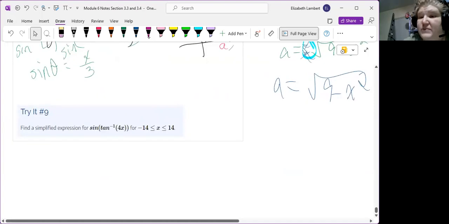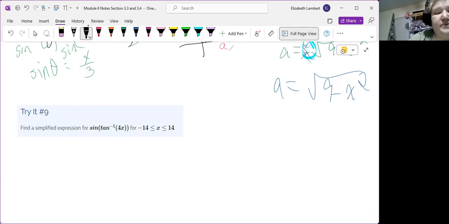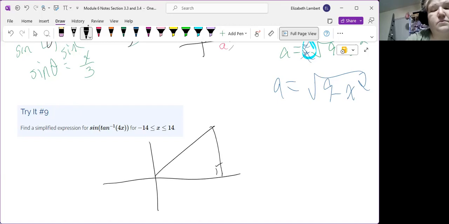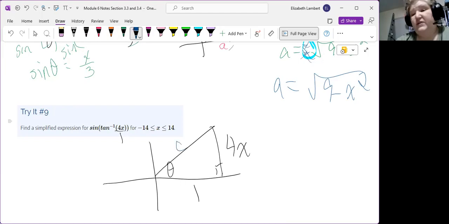All right, so same song, second verse with number 9 here. So tangent is 4x, and I'm going to sneak a 1 in there. So we have 4x over here and the number 1 down here. And I would like my hypotenuse, because they ask for the sine, so I need the hypotenuse to answer sine.